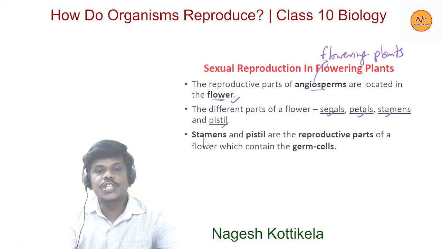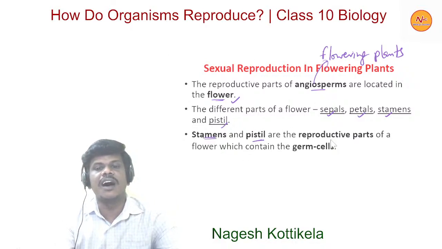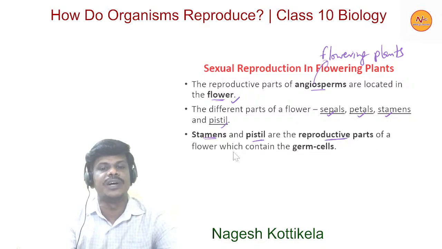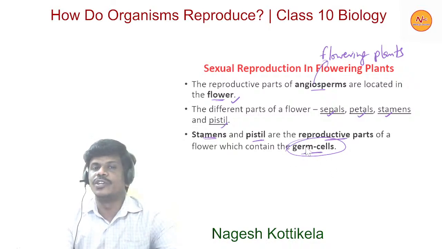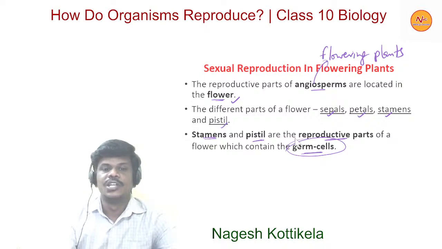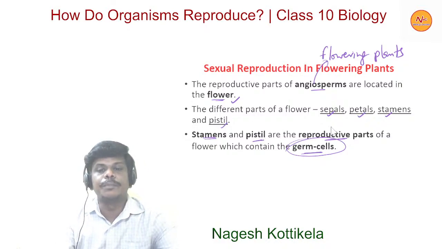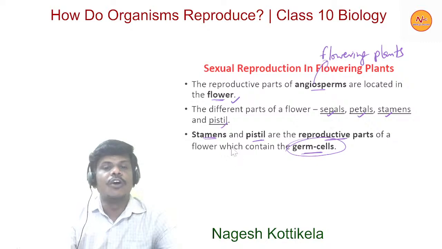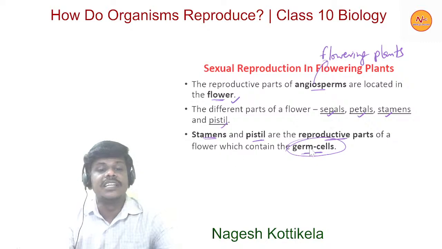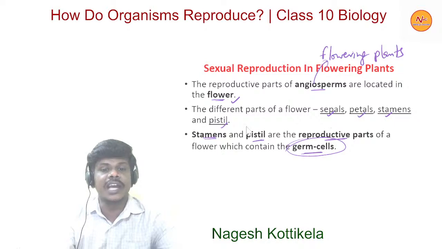Here stamens and pistil are the reproductive parts of a flower which contain germ cells. Okay, so these germ cells are meant for the reproduction process. So stamens and pistil are the reproductive parts of flower, and they contain these germ cells. Okay, so what about the other two?